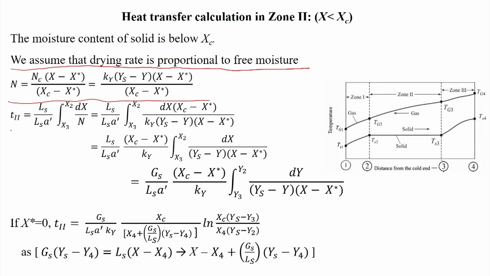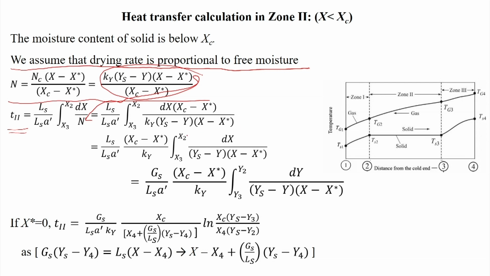So, for that case, in the same way, t will be equal to Ls by Ls into A prime into integral from x3 to x2 of dx by N, and we will be putting this N formula here. We will be getting Ls by Ls into A prime into integral x3 to x2 of dx into xc minus x star by ky into ys minus y into x minus x star.